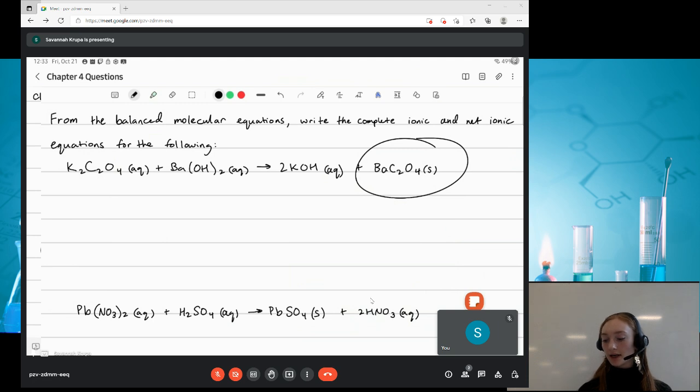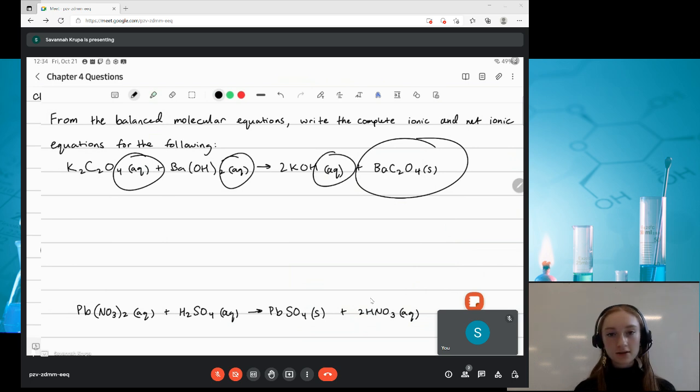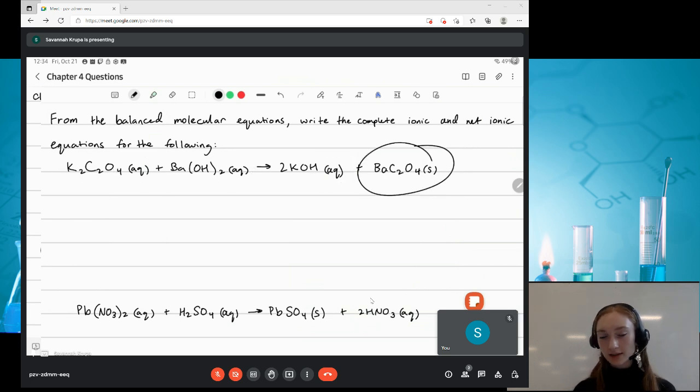Solid state compounds do not get broken up because they're solid, so they stay together, so they're not aqueous. So we're going to be separating these aqueous compounds into their ions, but the barium oxalate stays by itself.